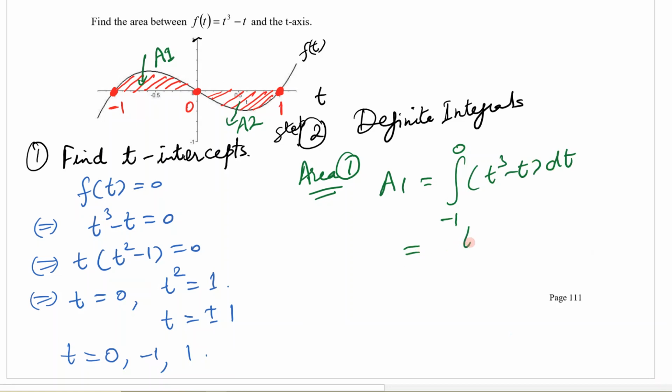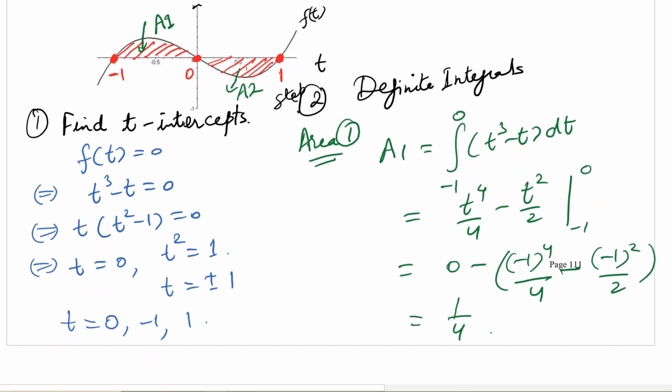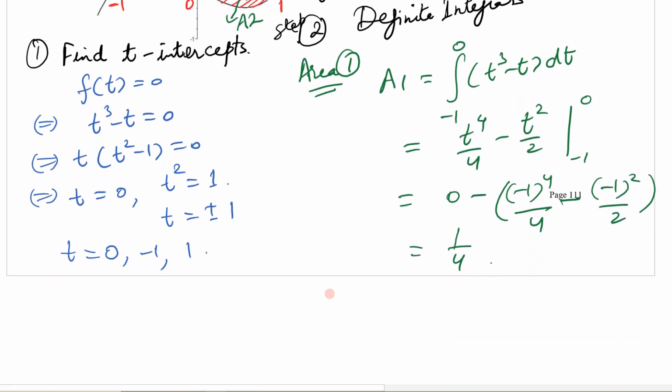The integral of t^3 is t^4 over 4 minus t^2 over 2, with limits of integration from -1 to 0, and we do upper limit minus lower limit. So 0 minus 0, and the lower limit is (-1)^4 over 4 minus (-1)^2 over 2. We get 1/4 in the end, because 1/4 minus 1/2 gives us -1/4, so the area is 1/4. All right, similarly we need to find our second area.